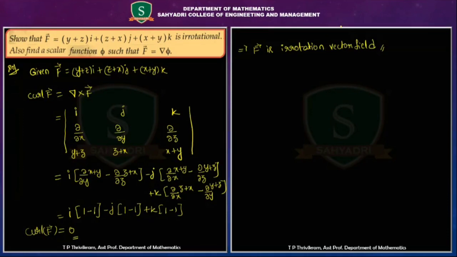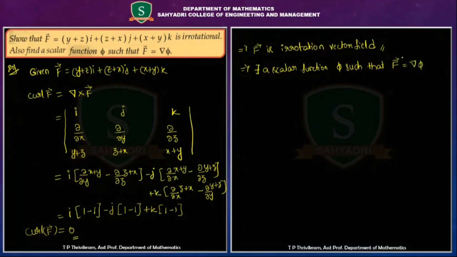So if it is an irrotational vector field, it implies there exists a scalar function phi such that f is equal to del phi.